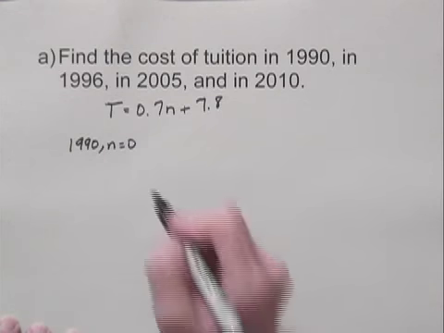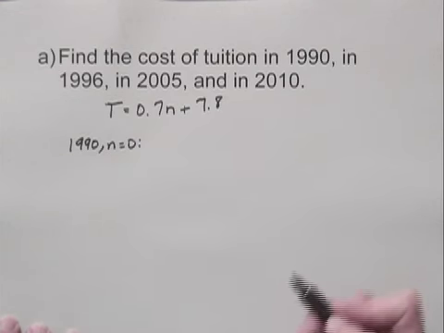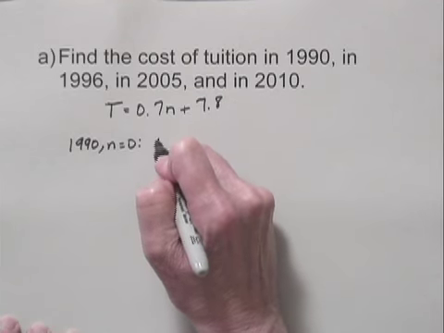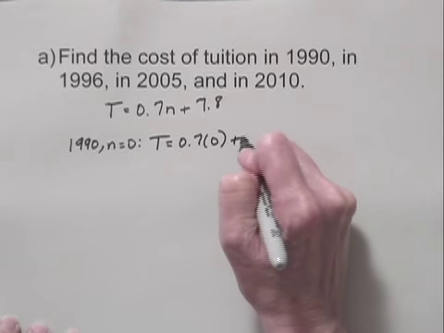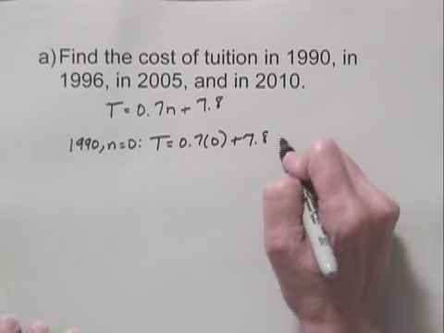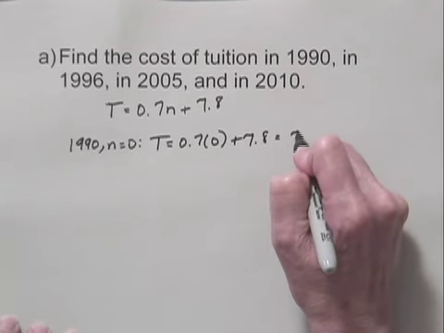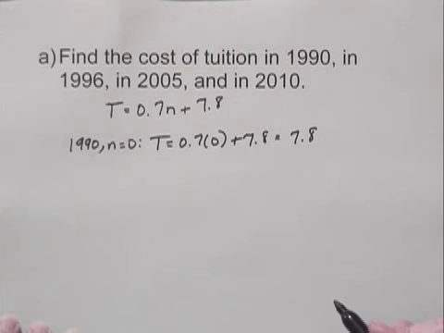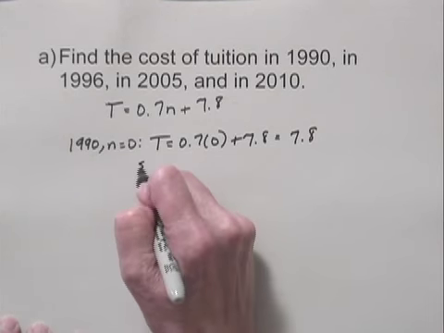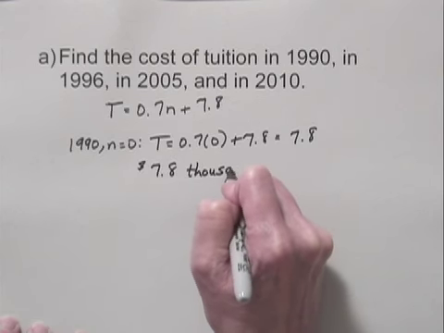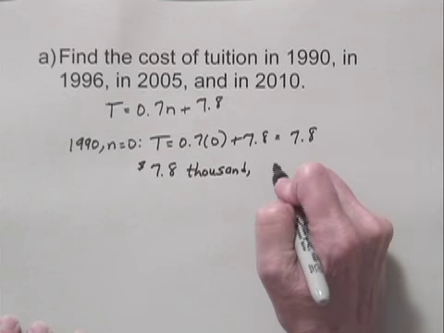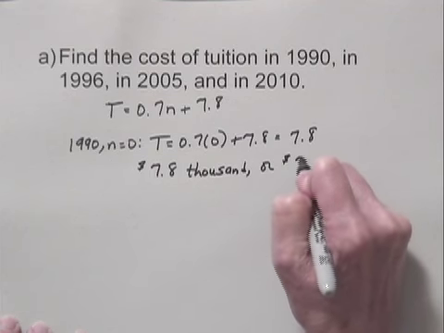N is the number of years since 1990, so we would substitute 0 for n. This is 0, so I have T is equal to 7.8. And that tells us that the tuition was $7.8 thousand, or we could write this as $7,800.